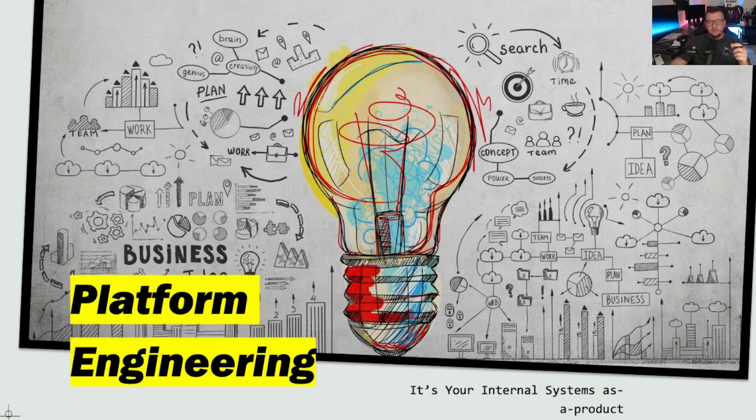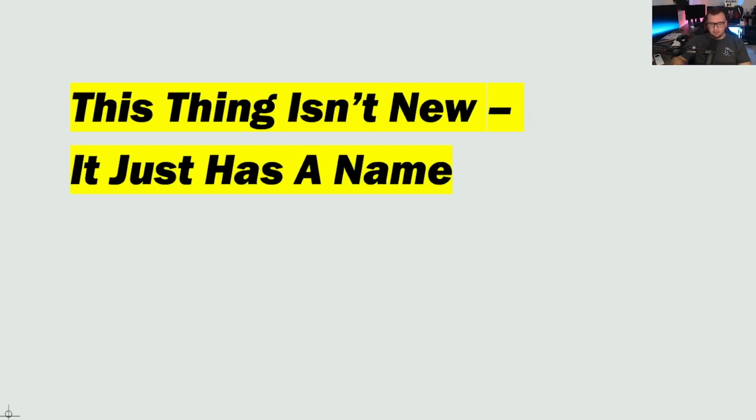All right, so first things first, platform engineering, and really what it comes down to is it's your internal system as a product, all right? Now, what does that mean? Well, what that essentially means is platform engineering is nothing new. It kind of just has a name now. So throughout your DevOps journey, your SRE journey, your cloud journey, whatever, at a very high level, you've done one of two things, or both of these things.